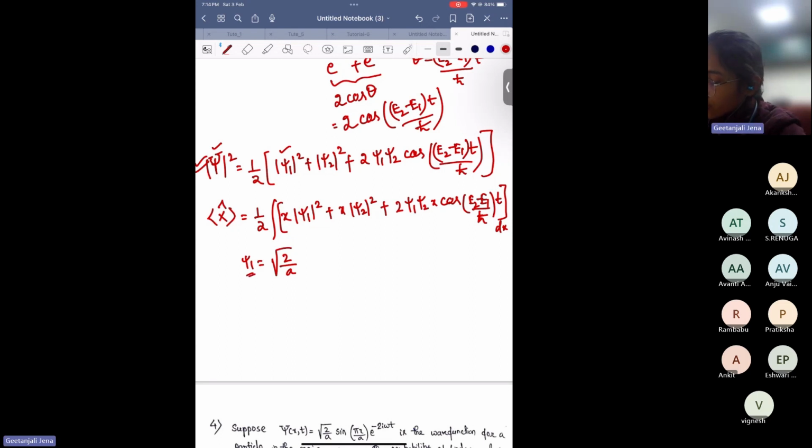This is for the first state, root over 2 by L sine pi x by L, and psi2 is root over 2 by L sine 2 pi x by L.